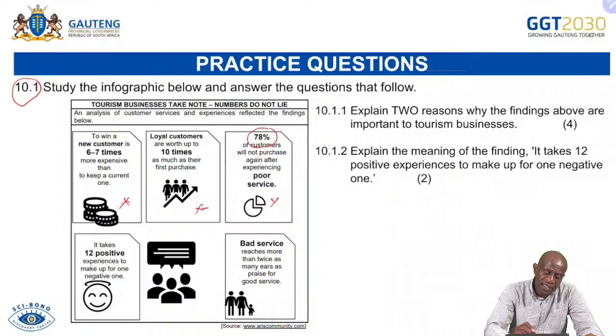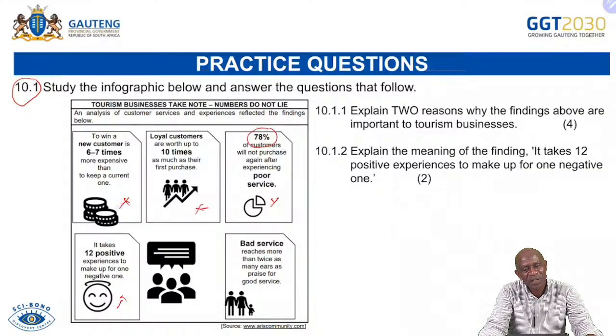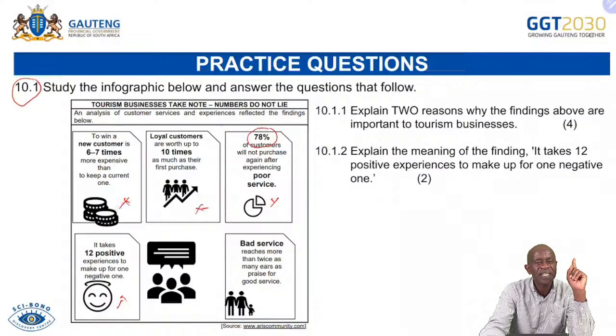It takes 12 positive experiences to make up for one negative one. So one rotten potato spoils the whole thing. So 12 positive experiences can be erased by one silly mistake or one negative report.